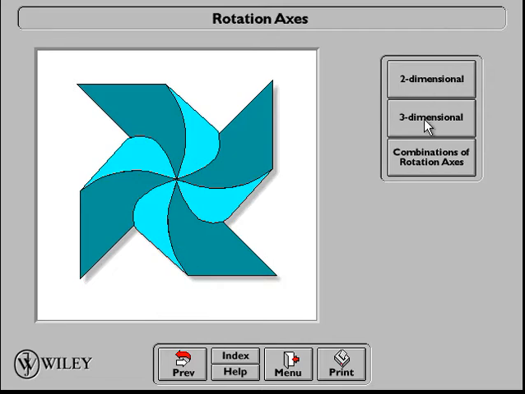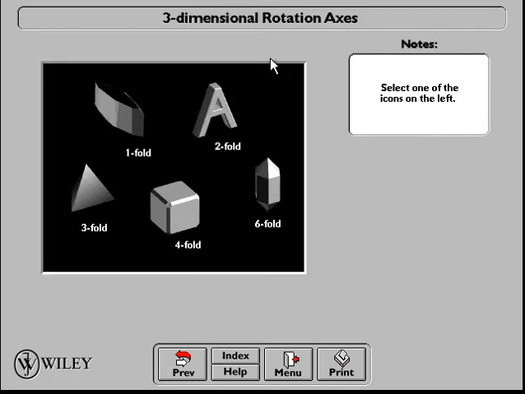Now we are going to the 3-dimensional rotation axes. Here we have an example for a 1-fold rotation axis, a 2-fold rotation axis, a 3-fold rotation axis, a 4-fold rotation axis, and a 6-fold rotation axis.